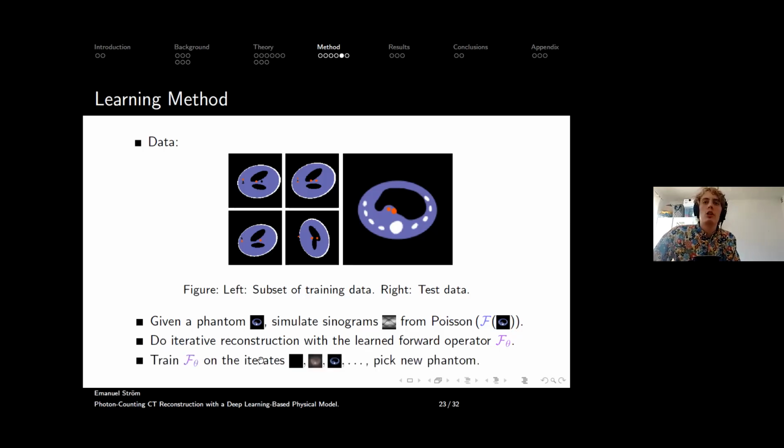So that gives us a bunch of different iterates along this reconstruction path, which we then train this forward operator on. So this is just for one of the data points in the training data. And then we repeat this process with all of the data inside of this training data multiple times until we've ended up with something that performs well.